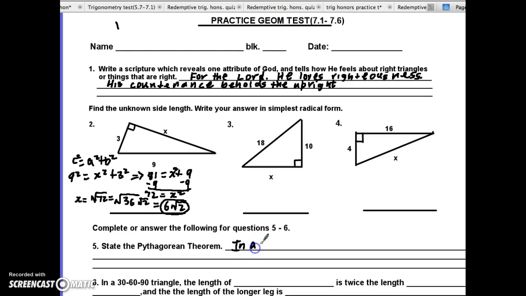In a right triangle, the square of the hypotenuse is equal to the sum of the squares of the legs.